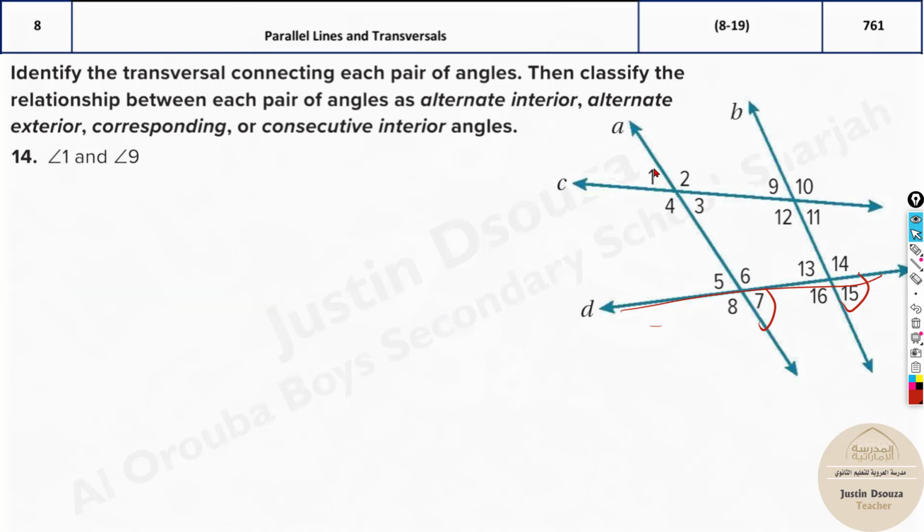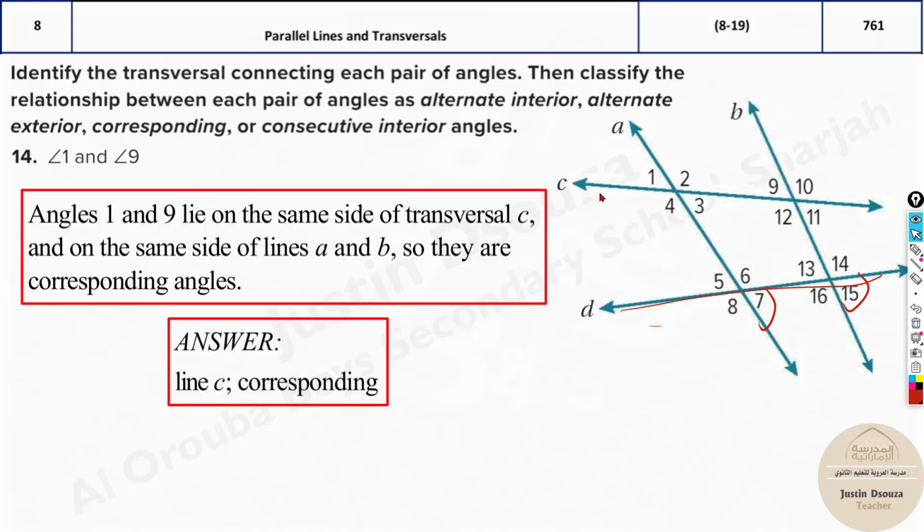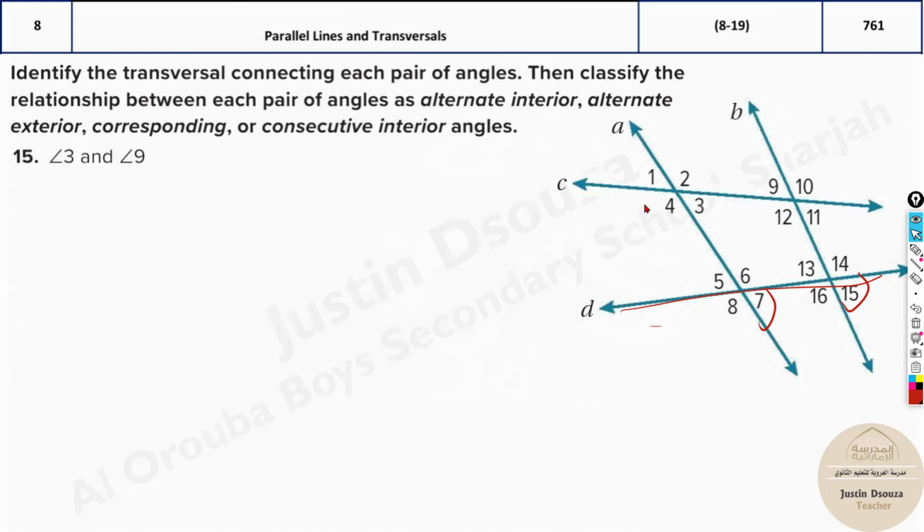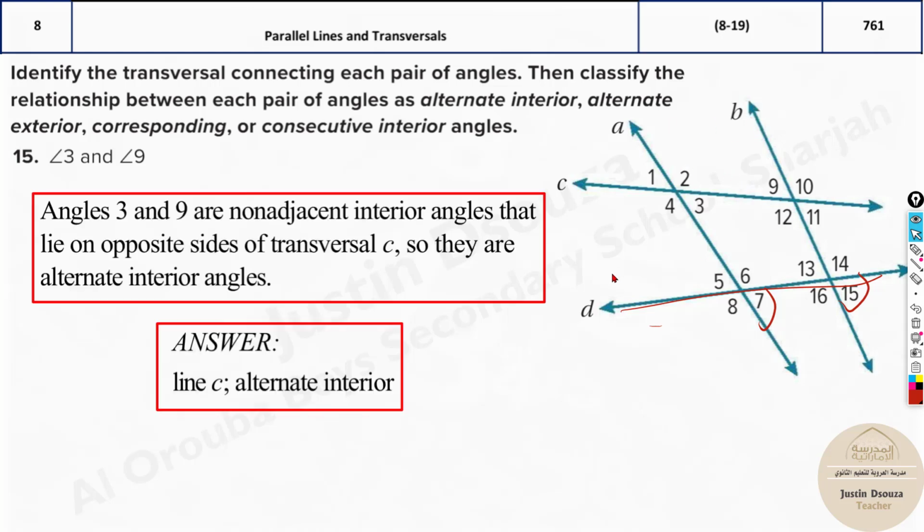What about 1 and 9? 1 is over here, 9 is over here. They're corresponding, and the line which cuts is C. That's the thing. And what about 3 and 9? 3 and 9 are alternate interior because they're inside A and B, right? The transversal is line C again.